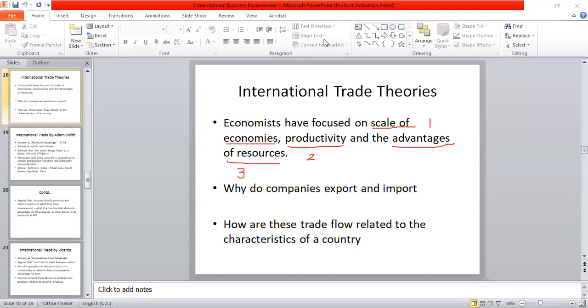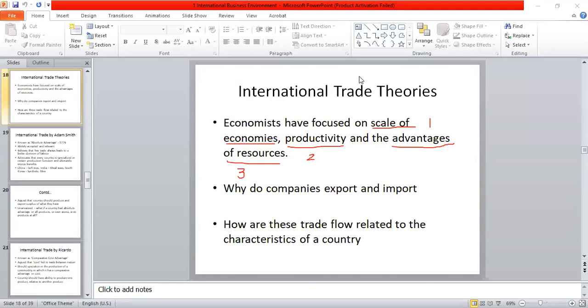Yes, sir, for the development of the country. Because sometimes you might have your own material, but we lack technology. So that technology we import.